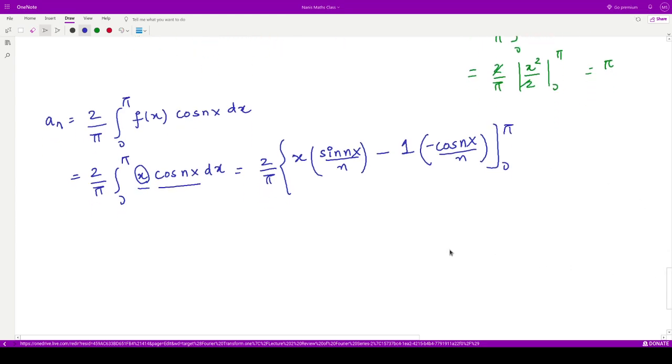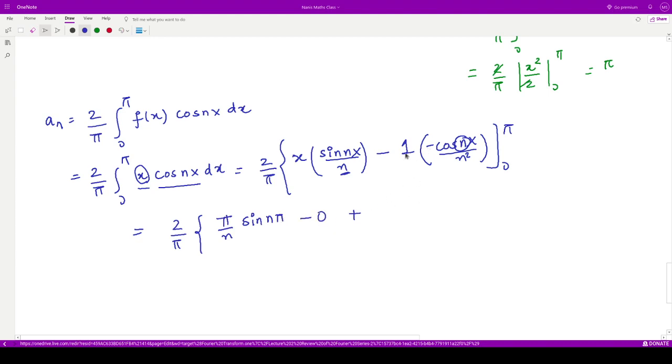So we can simplify this expression. We would have 2 upon pi, and it would be n square because one n is due to this one and one n is available over here. When you substitute pi, in place of x we would substitute pi by n sine n pi, and when you substitute 0 you have 0.